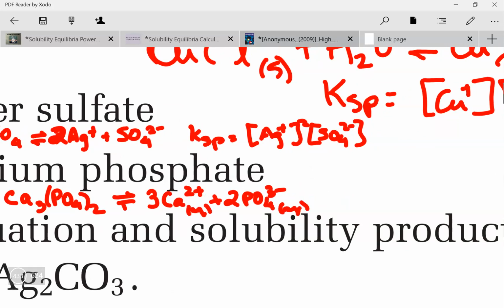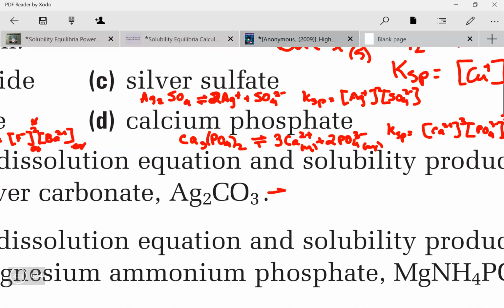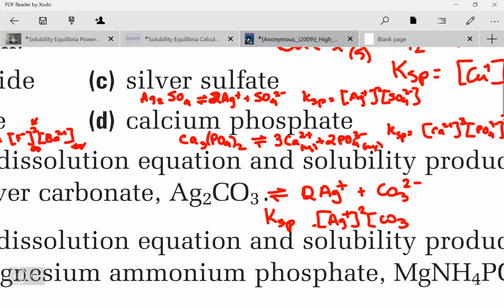The KSP expression here would be calcium 2 plus cubed, phosphate 3 minus squared. Ag2CO3, same thing: 2Ag plus, CO3 2 minus. KSP is Ag plus squared, CO3 2 minus.